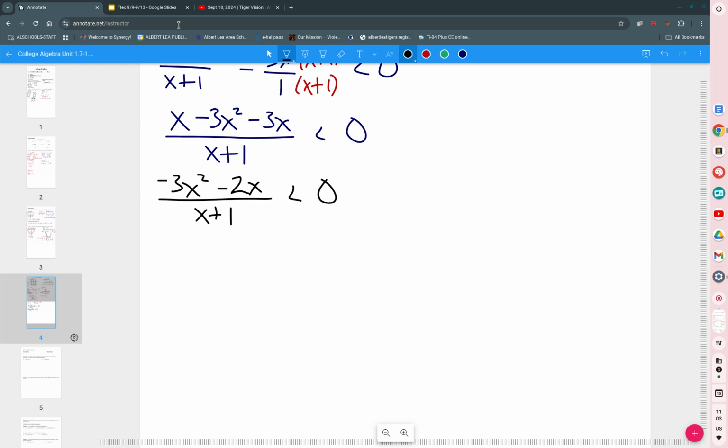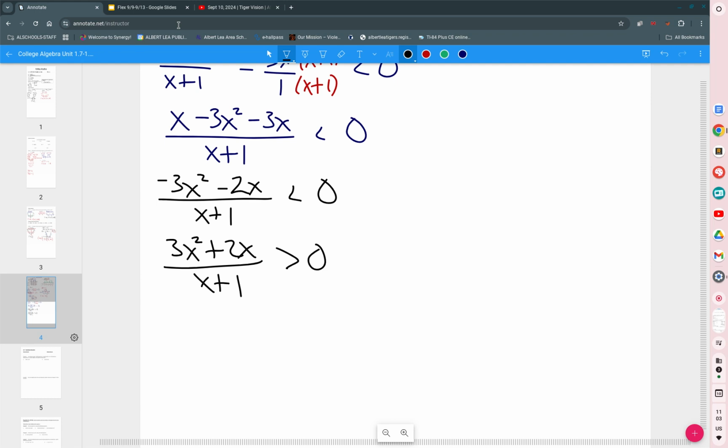You could. I like the idea of not factoring out a negative 1, but multiplying through by a negative 1. See what I'm saying? If I multiply the top through by a negative 1, I get 3x squared plus 2x over x plus 1, and then I flip the sign. I multiply the top through by negative 1, and then you have to flip the sign.